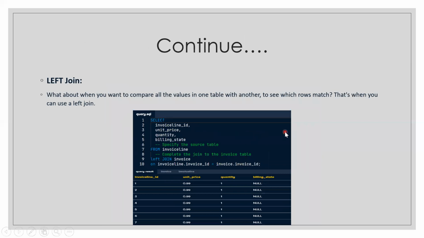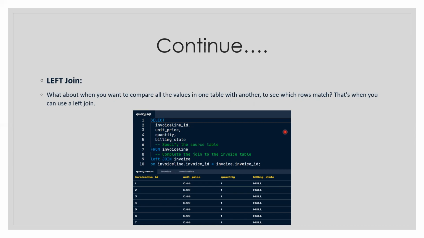So a left join. What about when you want to compare all the values in one table with another to see which rows match? Then we will use a left join. A left join returns all rows in the first table and any matching rows in the right table. If there are not any matches in the right table for a particular row, then a null will be returned. This query quickly assesses the gaps in your data and how many gaps you have.